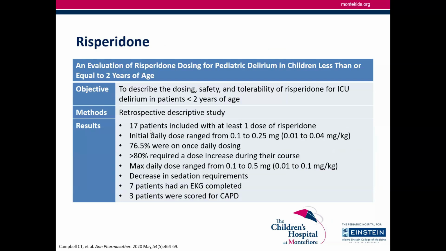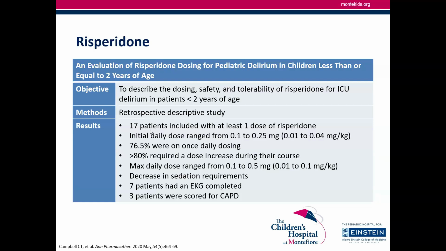Another agent that's commonly used in pediatric delirium is risperidone. So this was a study that described the dosing, safety, and tolerability of risperidone for ICU delirium in patients less than 2 years of age.